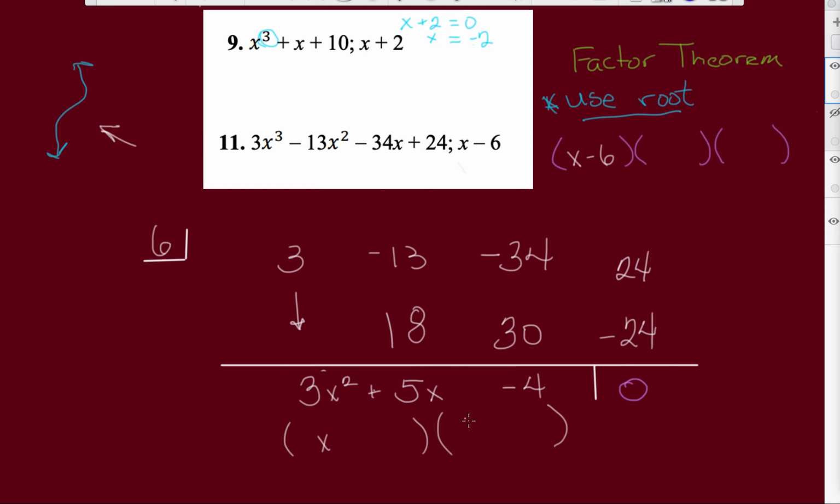I know I have x and x. One of them is going to be a 3, and one of them is going to be 1, because there's only one way to get the number 3 through multiplication. It only has factors of 3 and 1. Looking at this operation symbol, I know I am looking at a sum and a difference.